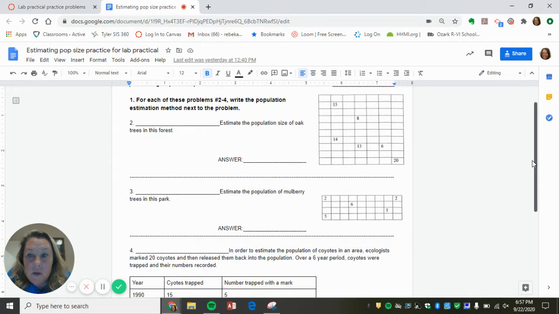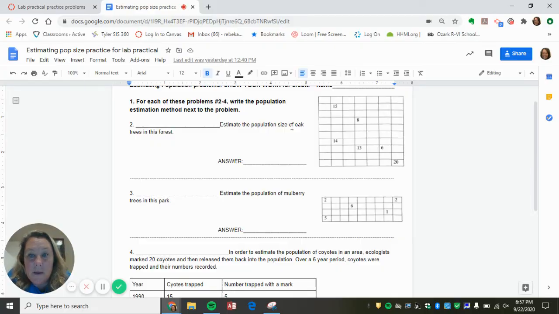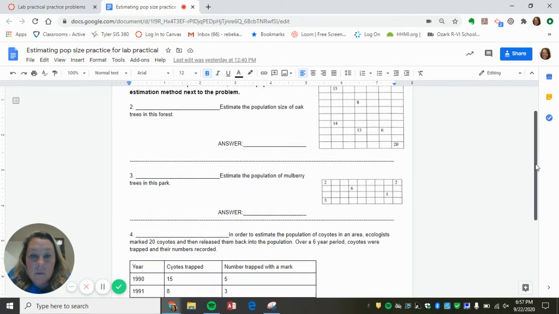For number 1, it just says to write the population estimation method next to the problem. So what method did we use? Because it is a sample that we took randomly of oak trees in 6 different grids. And down here is a similar method where we randomly sampled 5 of those grids.